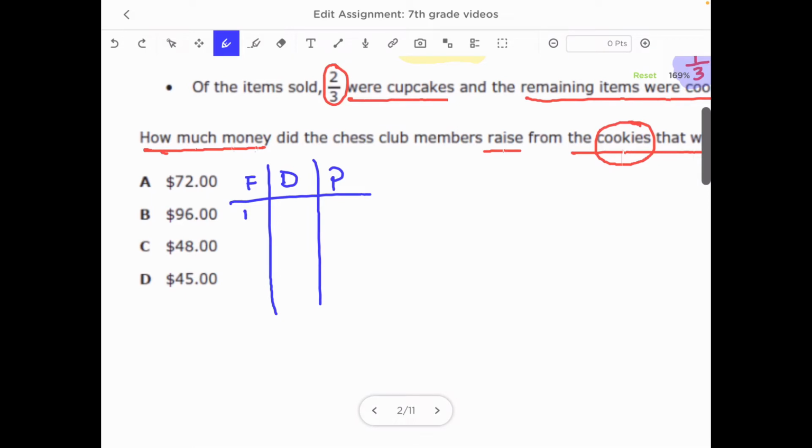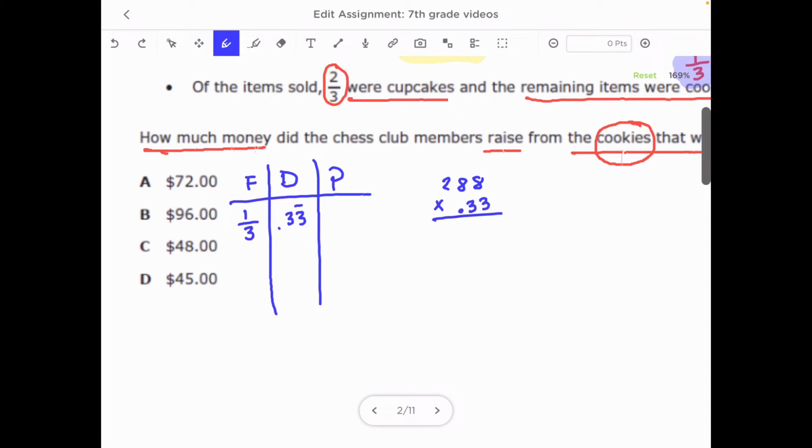So the fraction is 1/3. I know that converted gives me 0.33, but it's going to be repeating because it's always going to give me a remainder. Now, that number right there, the 0.33, I'm going to multiply it times the 288 so that I can figure out how many of the items sold were the cookies.